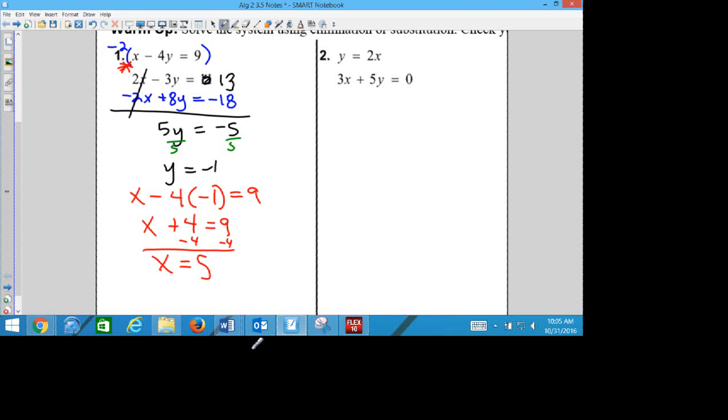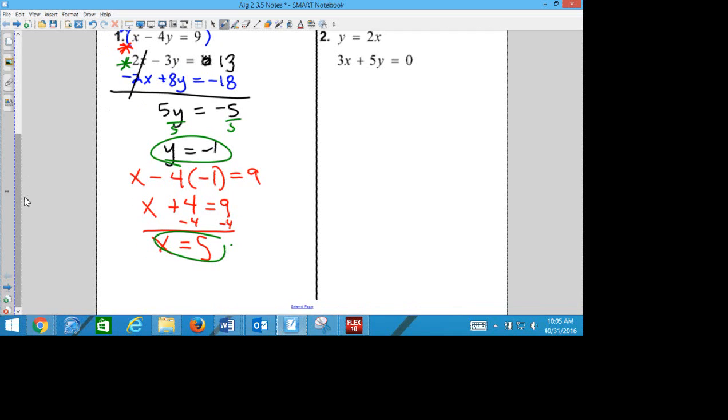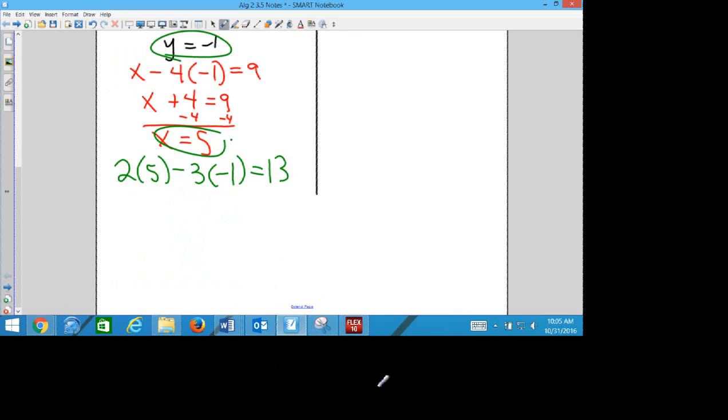How do I know that I've made no mistakes? I plug both x and y into the other original equation that I haven't used yet. So I'm going to plug in 2 times 5 minus 3 times -1, and it has to equal 13 if I've done it correctly. 10 plus 3?